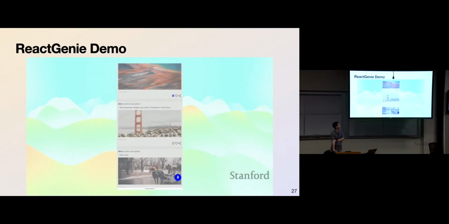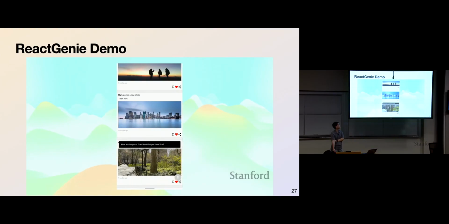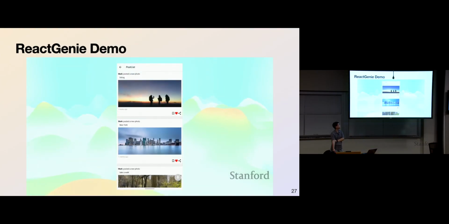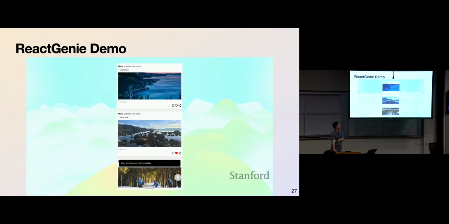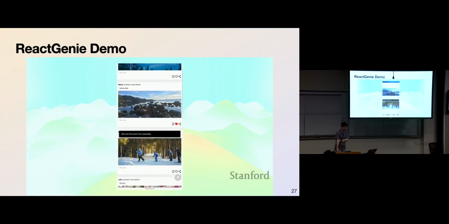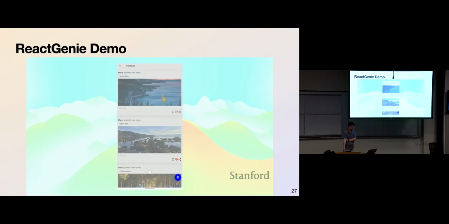Well, can you show me posts from Mark that I have liked before? So it's also not Mark. That's not it. What about posts from yesterday? Oh, that's it. It's Mary, actually. Well, share this post with Emma.